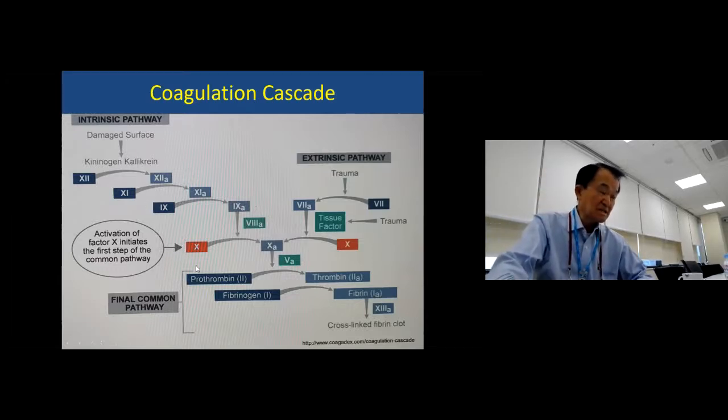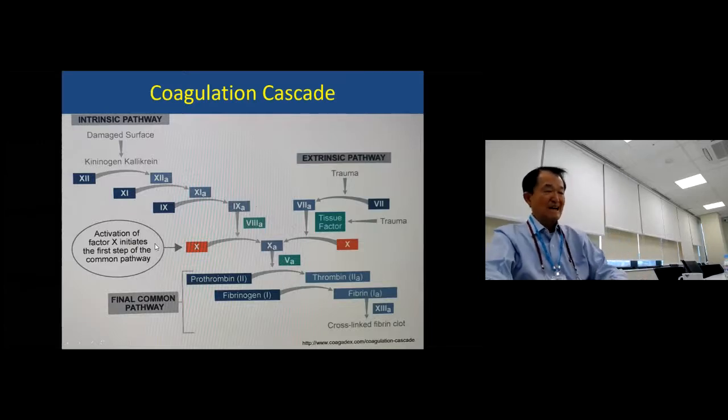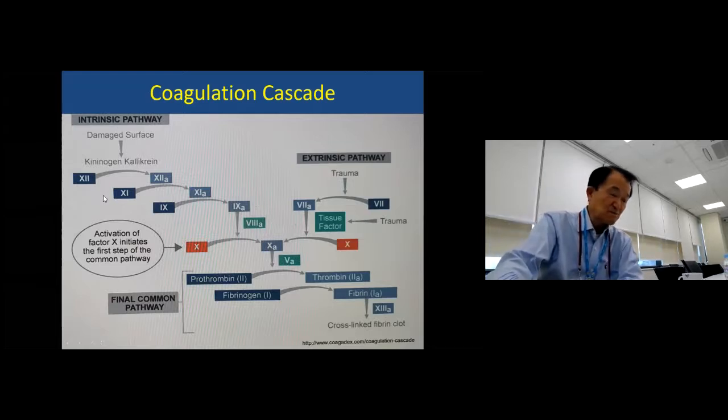If this PTT time is prolonged, that indicates heparin infusion or sepsis, or that these factors are malfunctioning or decreased, and also some of these factors produce antibodies against them. So if these intrinsic or common pathway factors are not working, then PTT, partial thromboplastin time, will be raised. That's what we measure clinically.